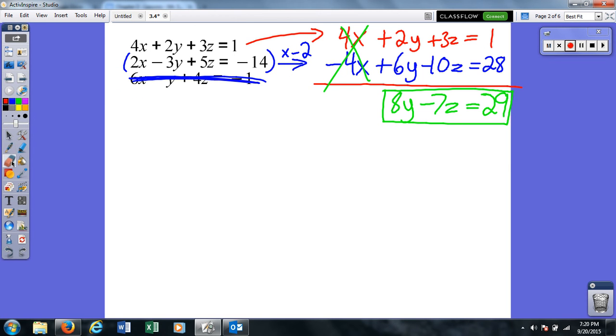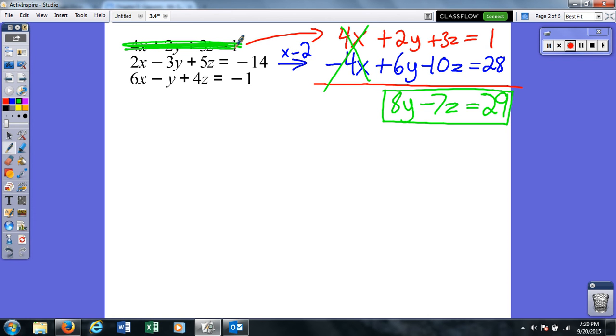But what we want to do now is take a different two equations from this set of three. Then we're going to do either substitution or elimination on them again in order to get another variable eliminated or substituted for. This time I'm going to take the bottom two equations.